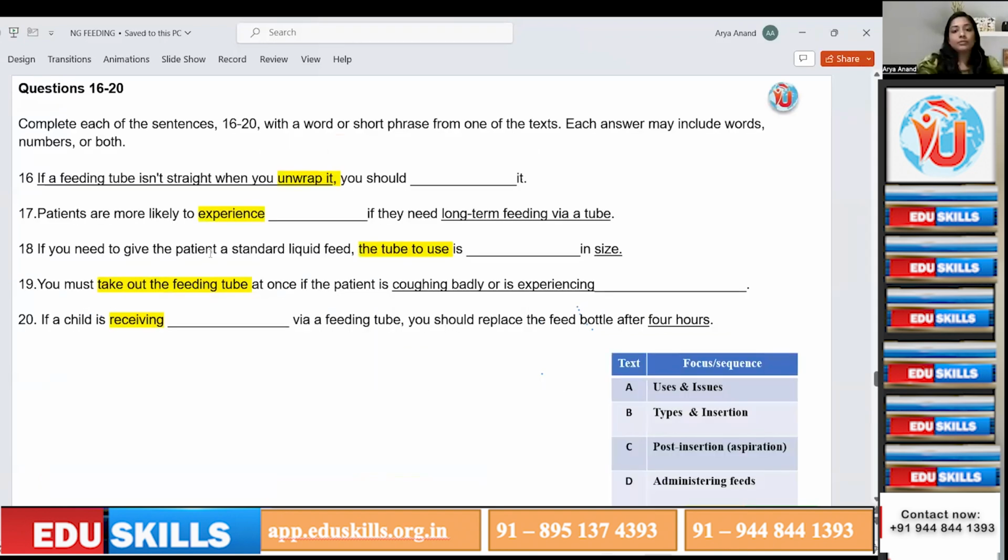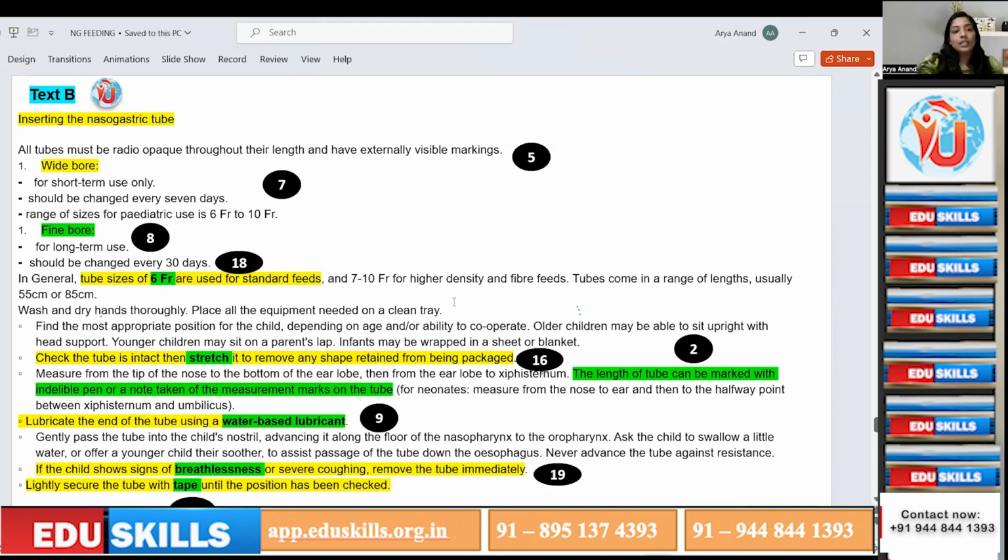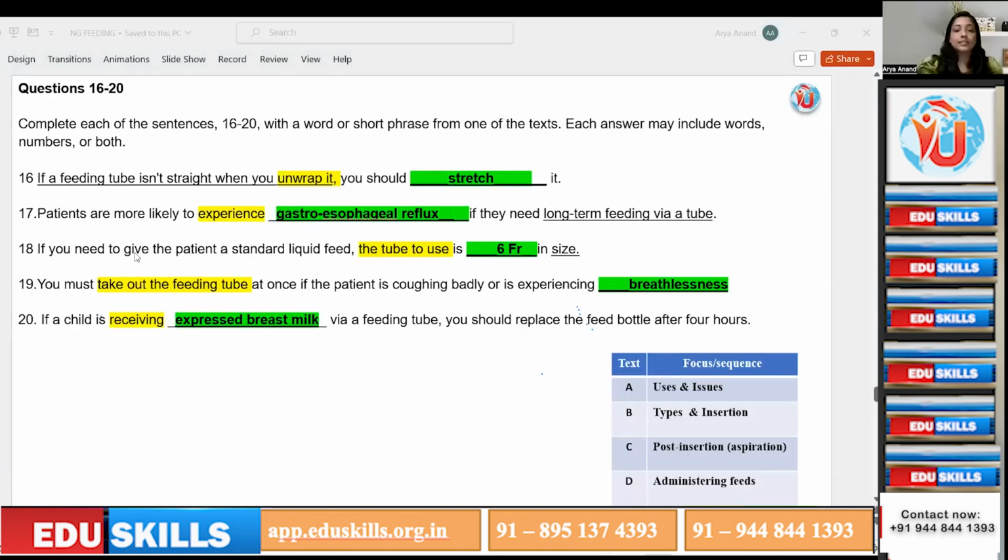If you need to give the patient a standard liquid feed, the tube to use is dash in size. So where do we need to move? Text B. In general, tube sizes of 6 French are used for standard feeds. If it is a high density feed, then it is 7 to 10 French for high density and fiber feeds.